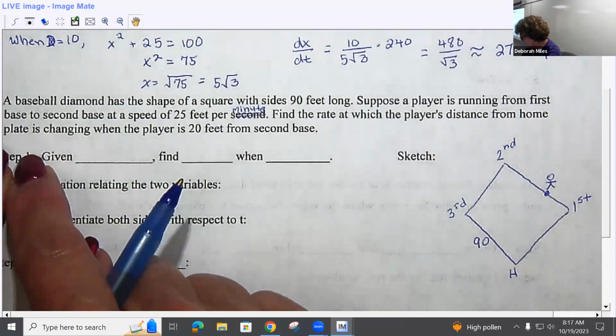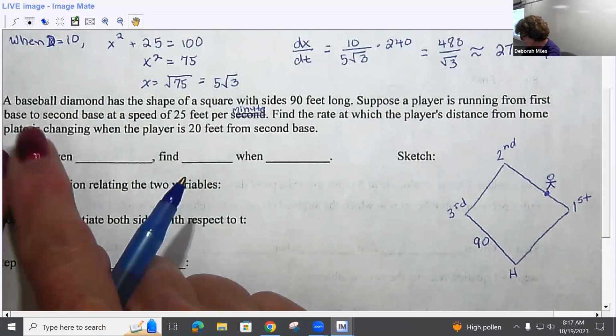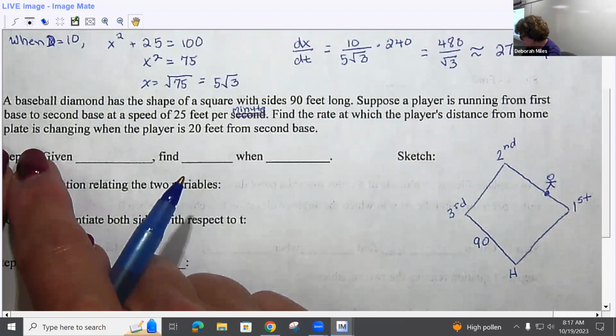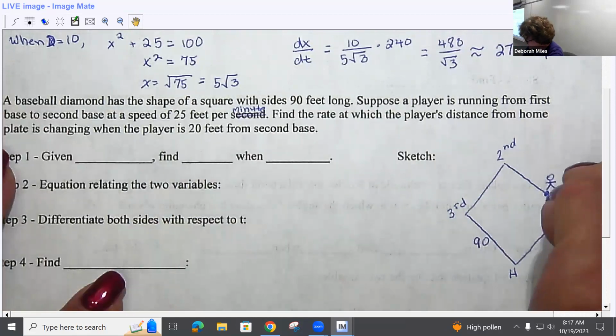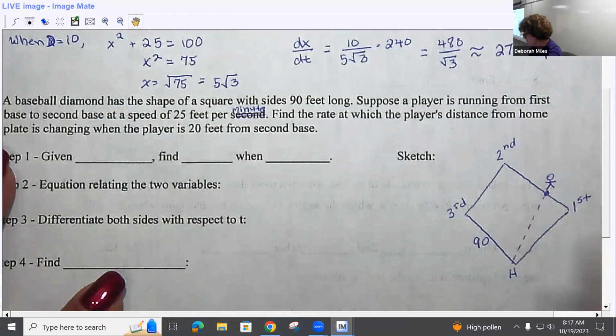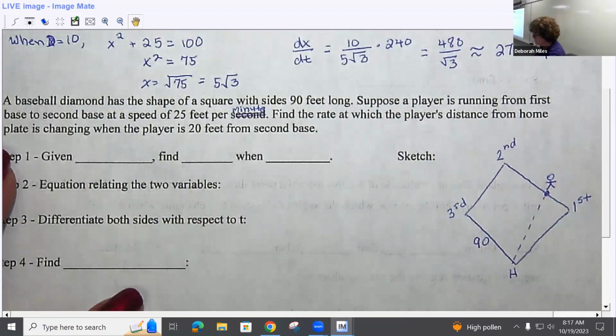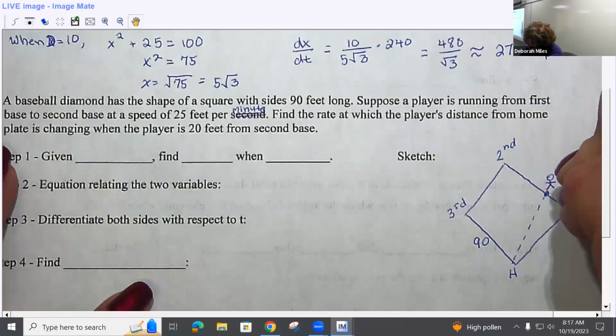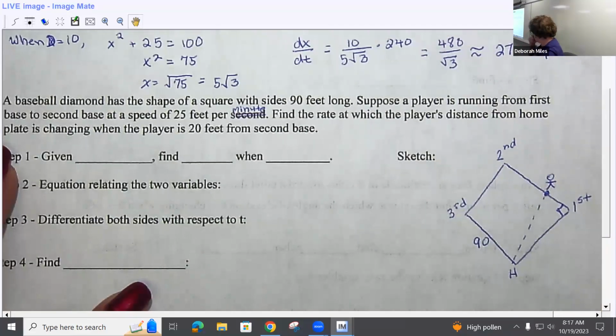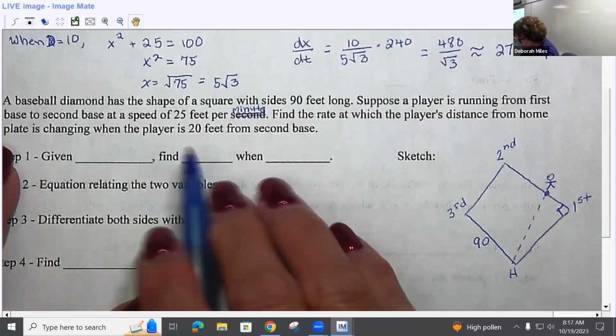Find the rate at which the player's distance from home plate is changing. And you dash in a line that would show the player's distance from the home base. Right there. And again, whether it looks like it or not, that is supposed to be a right angle. All right.